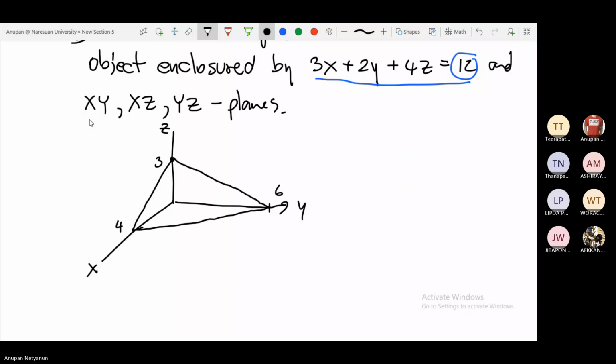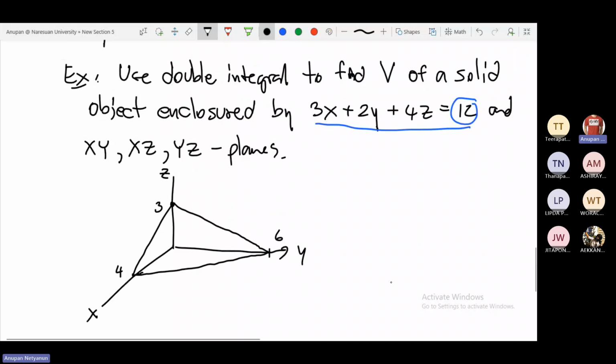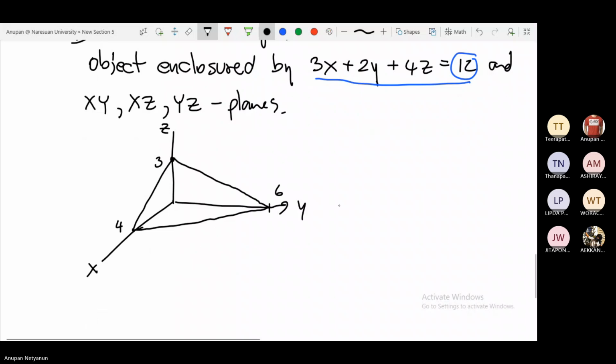Now, the solid object that this question is talking about is enclosed by this plane, the xz plane, the yz plane, and then the xy plane. So it's gonna be this thing. See?